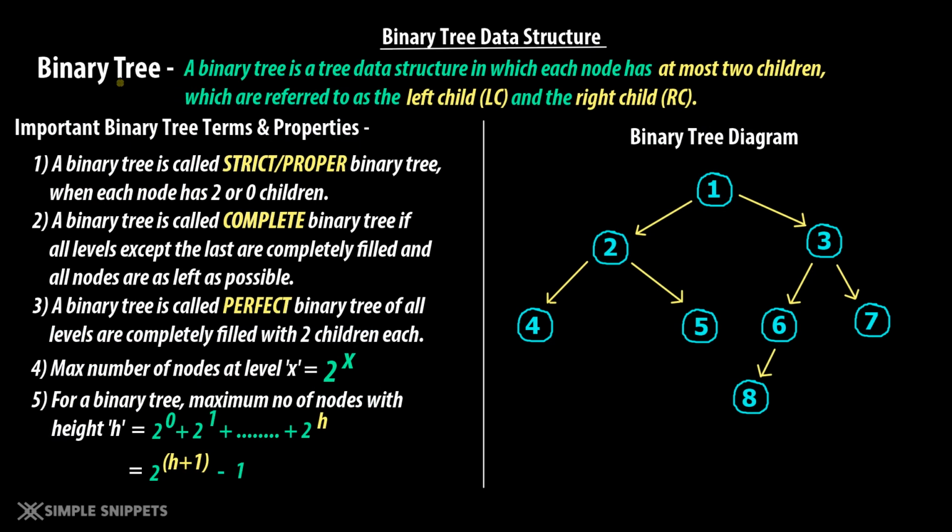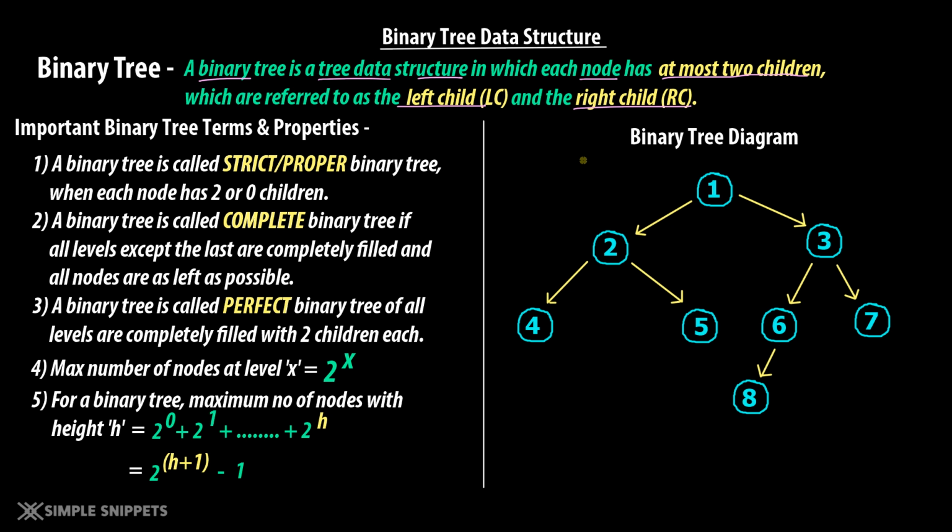So quick definition to binary tree, which we've already seen, but just to reiterate, a binary tree, as the name suggests, is a tree data structure in which each node has at most two children, which are referred to as left child and right child. Okay, so it's a special type of tree wherein every node can only have maximum two children and they are referred as left and right child.